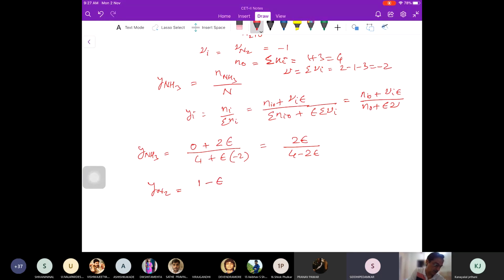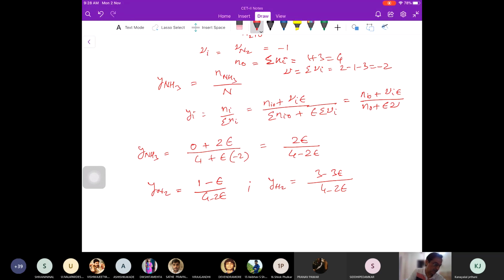The denominator always remains the same, it does not change, so we need not worry about it. Look at the numerator. Y hydrogen is 3 minus 3 epsilon upon 4 minus 2 epsilon. Okay?